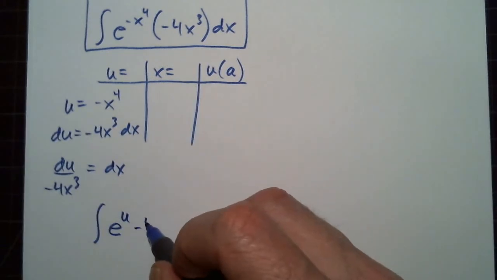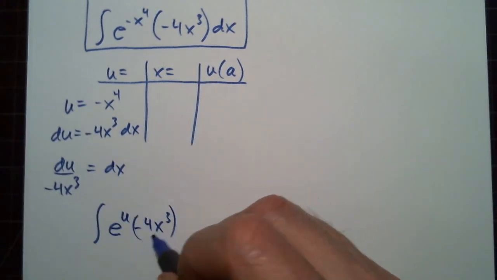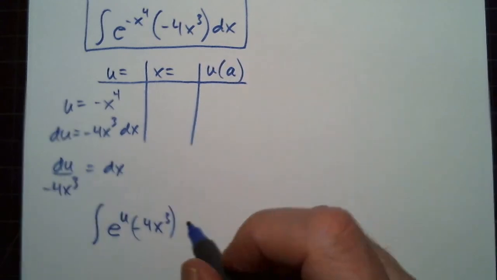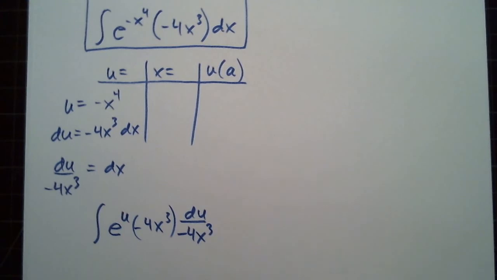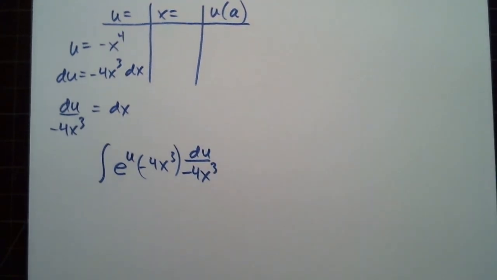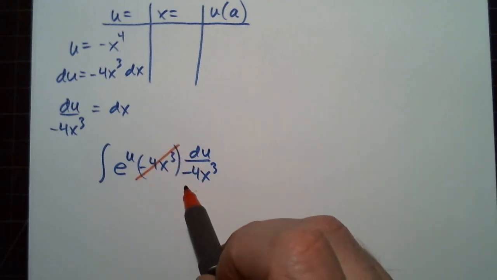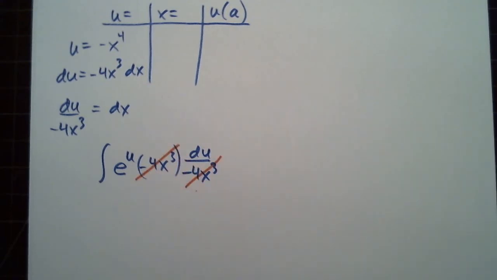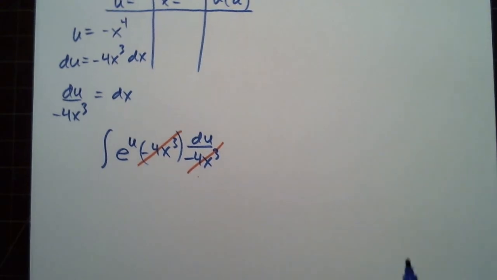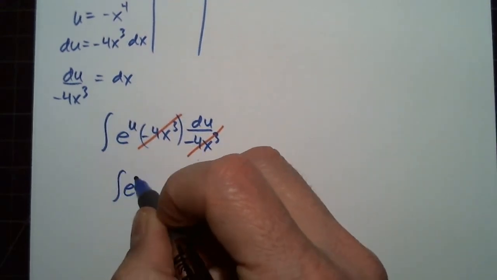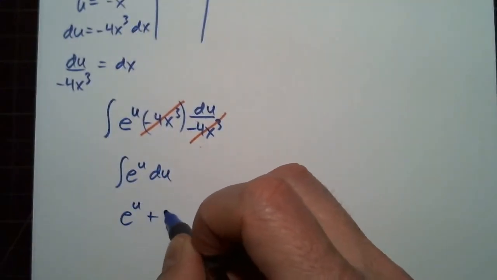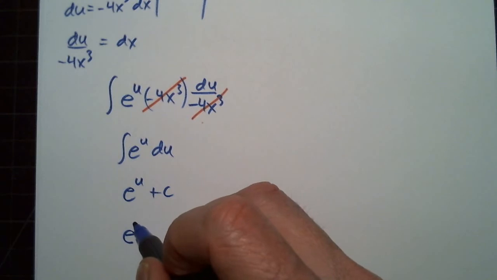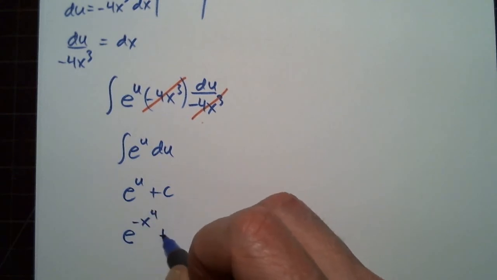Let's leave that the way it is. And dx is du over -4x cubed. So here the whole factor cancels, and we just have the integral of e to the u, which is e to the u plus c, e to the -x to the 4th plus c.